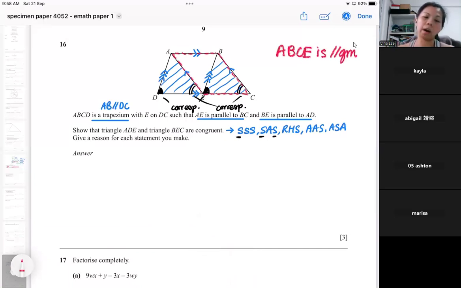I wouldn't know if it's a rhombus because I wouldn't know whether the lengths are the same or not. But because the opposite sides are parallel, it is a parallelogram. And because it's a parallelogram, you can safely say that AE is the same as BC.